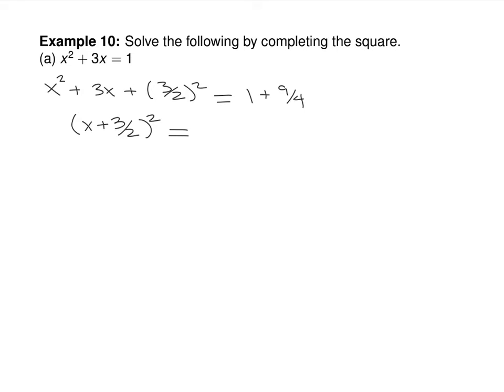Do you guys get how he got that? 4 over 4 plus 9 over 4. And you get x plus 3 over 2 equals plus or minus the square root of 13/4. Does the top square root? No, not nicely. Does the bottom square root? Yes, it does too, 2.